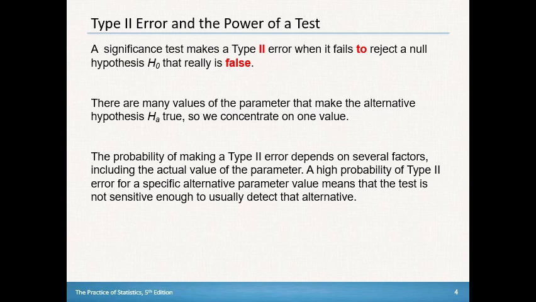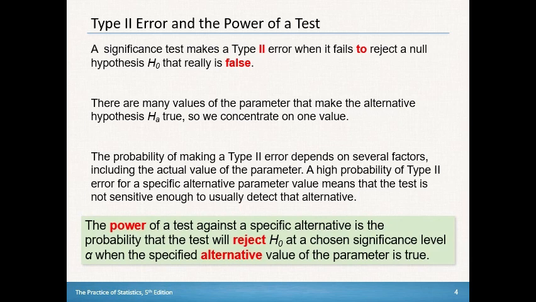A high probability of a type 2 error for a specific alternative parameter value means that the test is not sensitive enough to actually detect that the actual parameter, or actual proportion in this case, is higher or possibly lower depending on what direction we're talking. All right, the power of a test against a specific alternative.